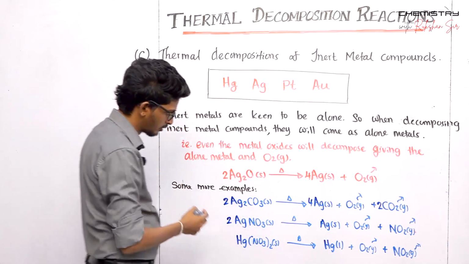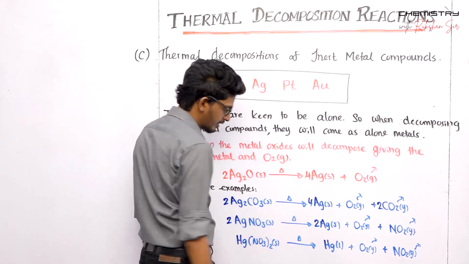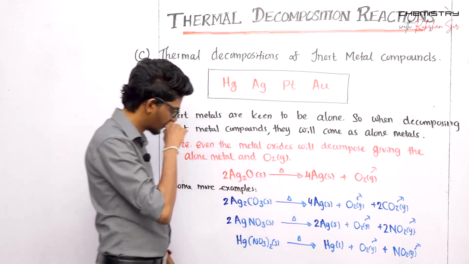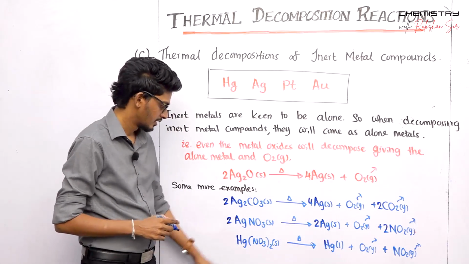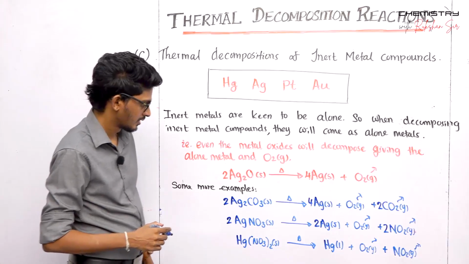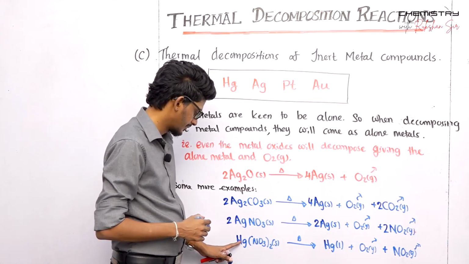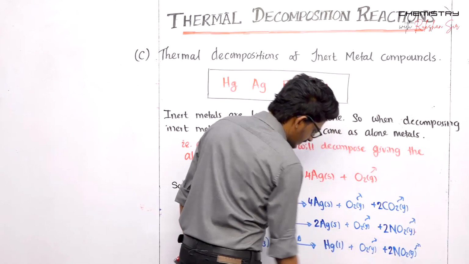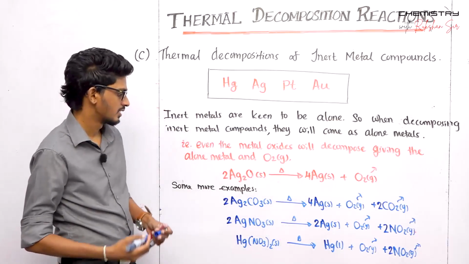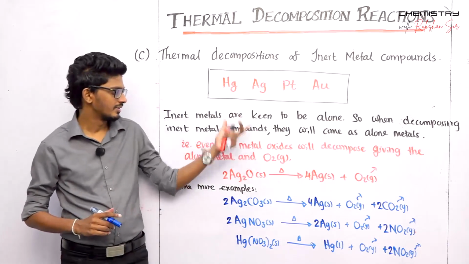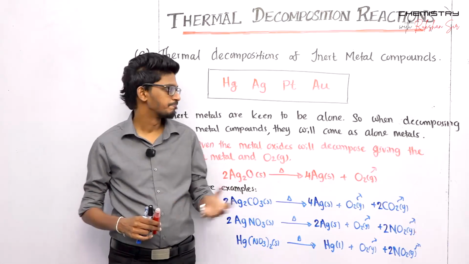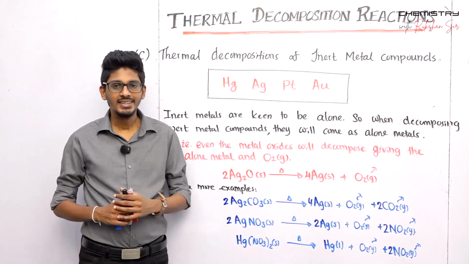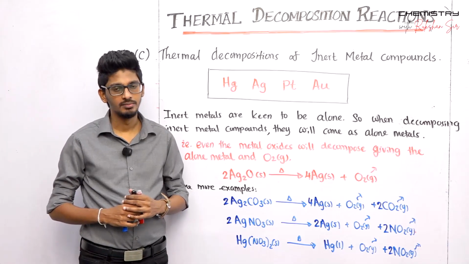With 6 oxygens, 1 mercury and 2 nitrogens, so 2 nitrogens here, it is balanced. So this is how thermal decompositions will occur with the inert metallic compounds.